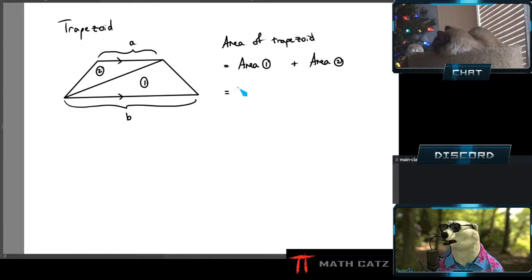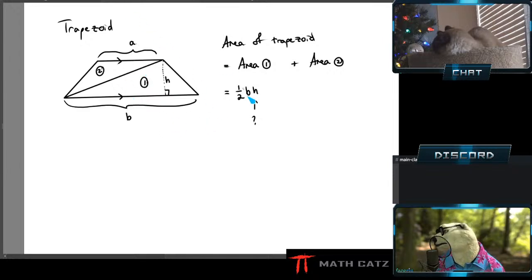Now for that, I know I need 1/2 base times height. What is the height? The height is going to be this distance between the two parallel lines again. I'm going to need to know beforehand, in order to calculate the area of the trapezoid, the perpendicular distance between the two parallel sides.